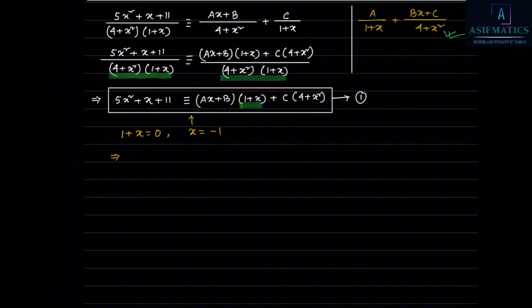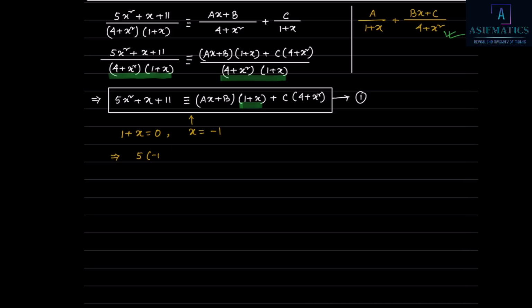We get 5 times minus 1 squared plus minus 1 plus 11 equals ax plus b times 0, because 1 plus x is 0, plus c times 4 plus minus 1 squared.